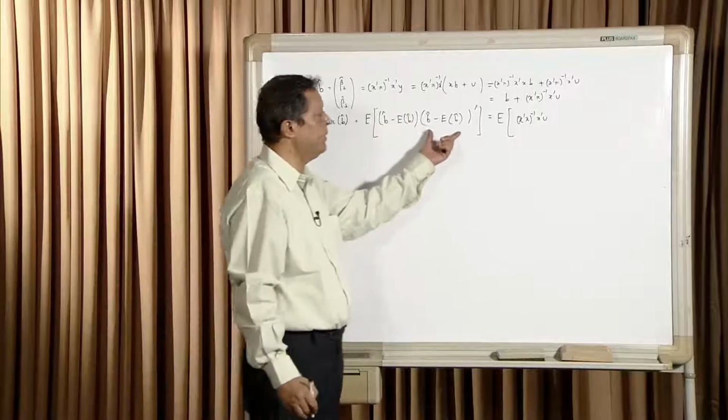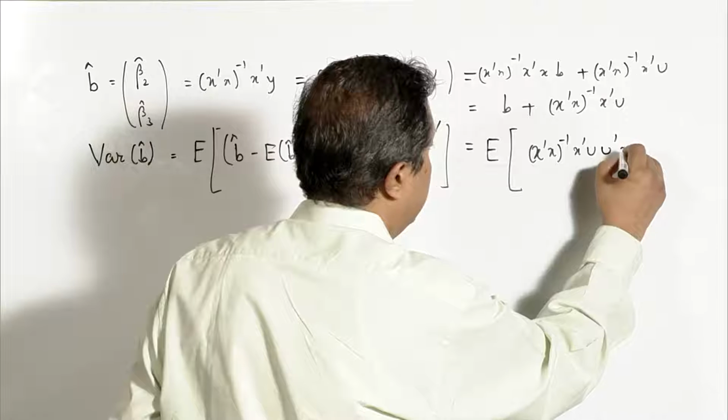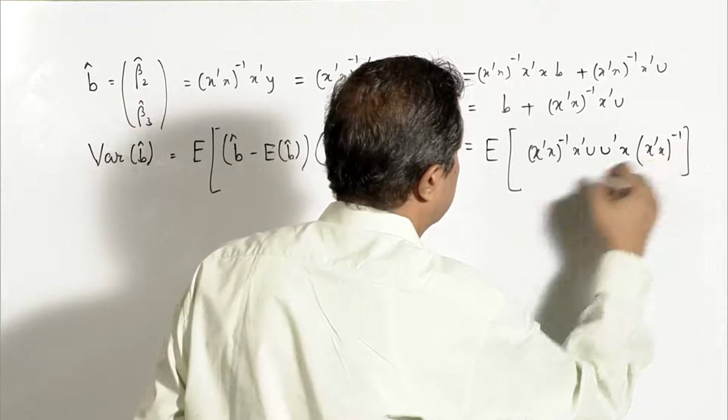The second term is simply the transpose of the first term, that means u prime x and then x prime x inverse.